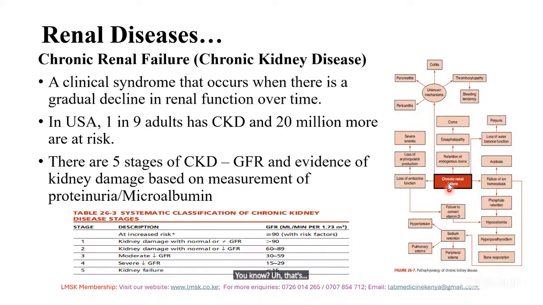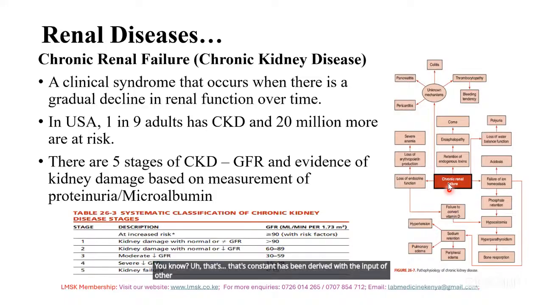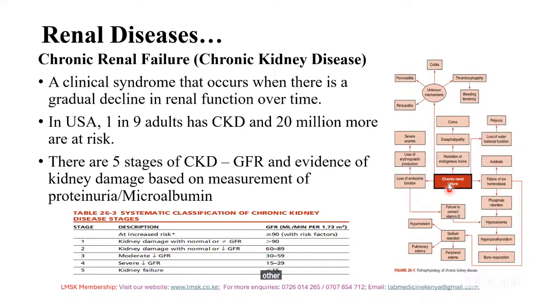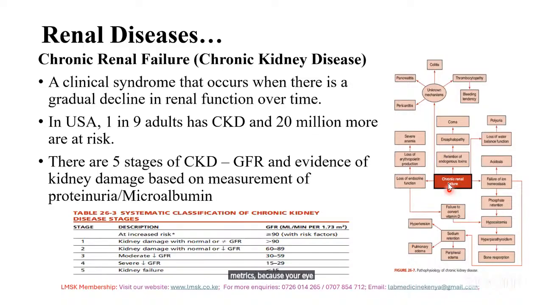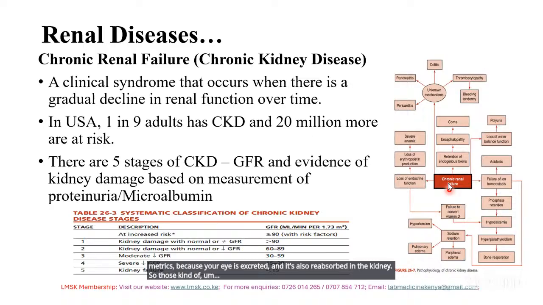That constant has been derived with the input of other factors that can give us a better measure of the actual urea content in the blood as compared to urea only, because it is a correction kind of matrix, because urea is excreted and it's also reabsorbed in the kidney. So those kinds of factors affect the actual value of urea.